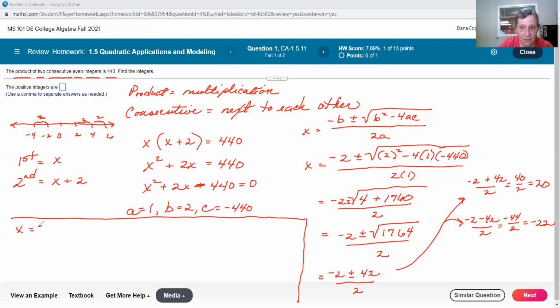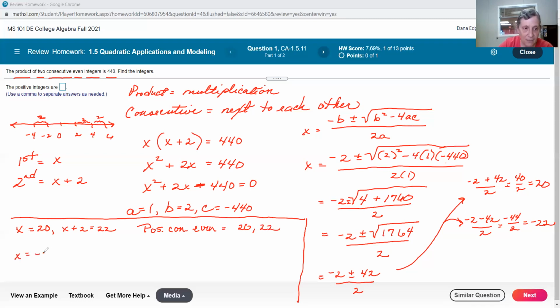When x is 20, x plus 2 is going to be 22. So the positive consecutive even integers are going to be 20 and 22.